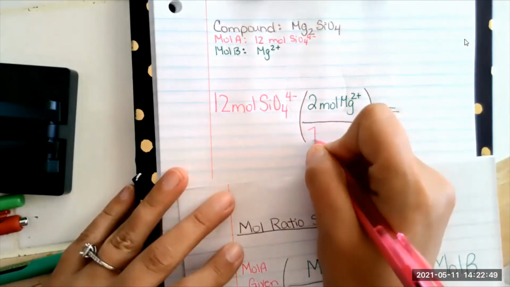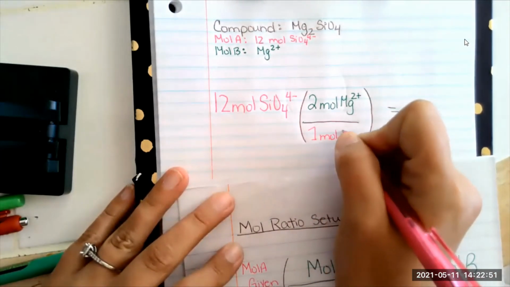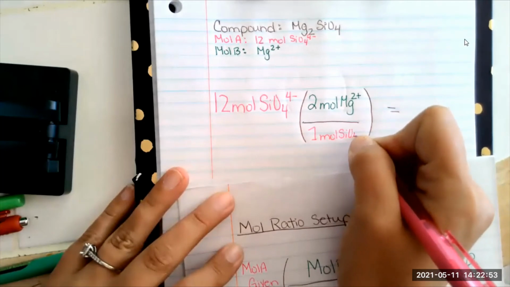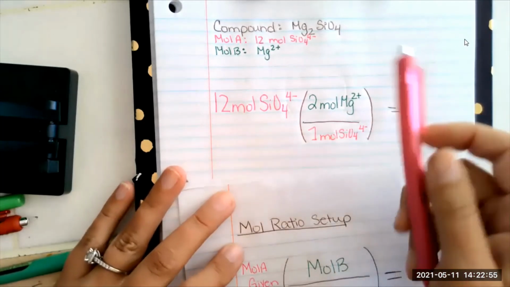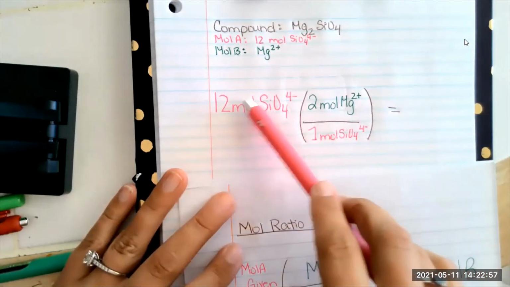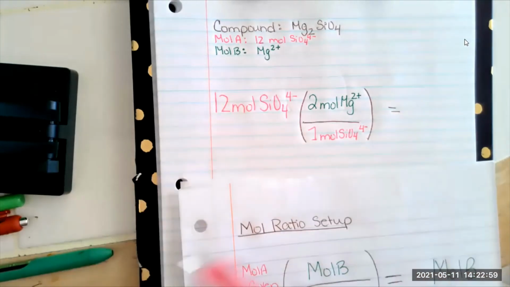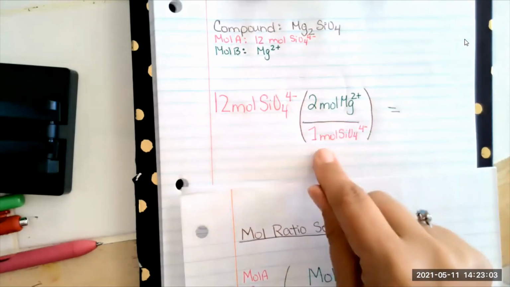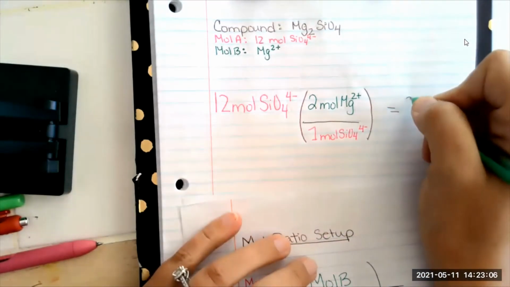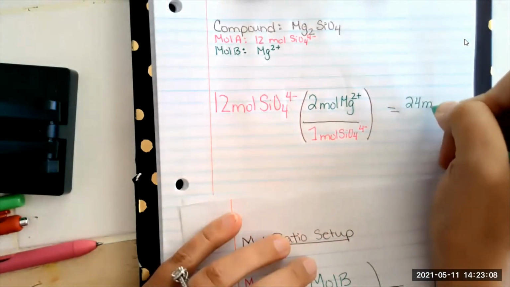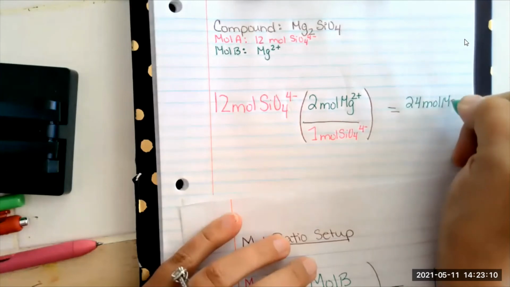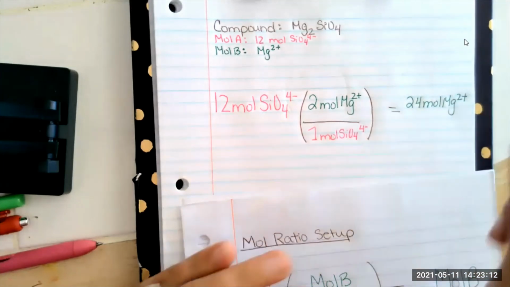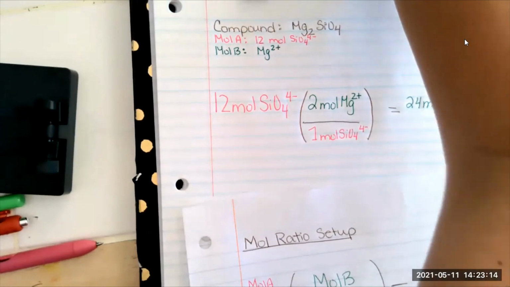So we have 1 mole SiO4 4-. Now I can double check. Mole silicate, they cross out, so I can solve 12 times 2 is 24, divided by 1 leaves me with 24 mole of magnesium. That is my answer.